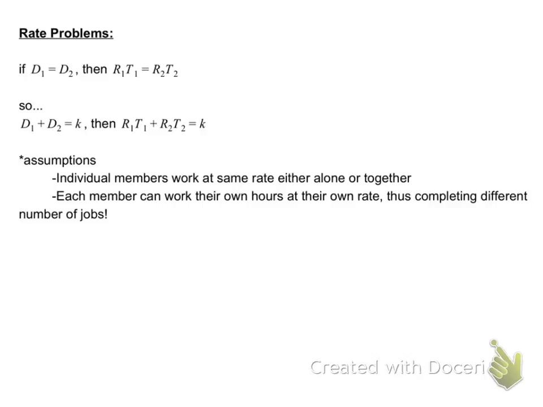So, sometimes on these problems, especially when we have people joining together, a lot of the times someone will already have started the job. Then they will be joined by someone else. And the way I would like to explain it is there's an alone time and then there's together time.